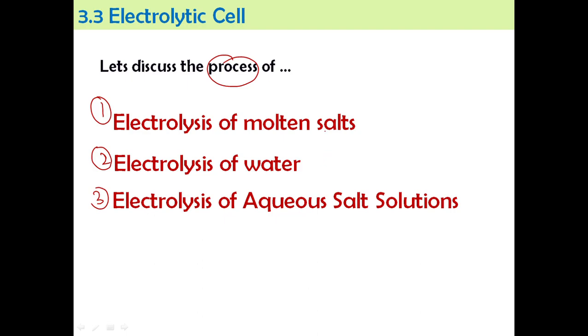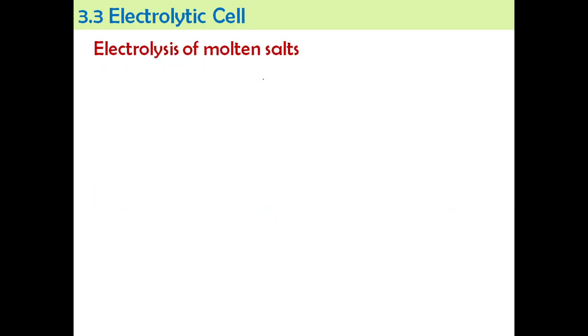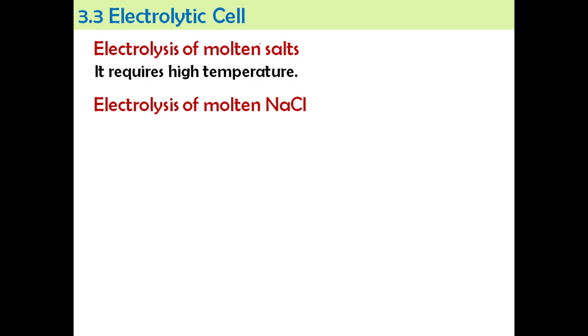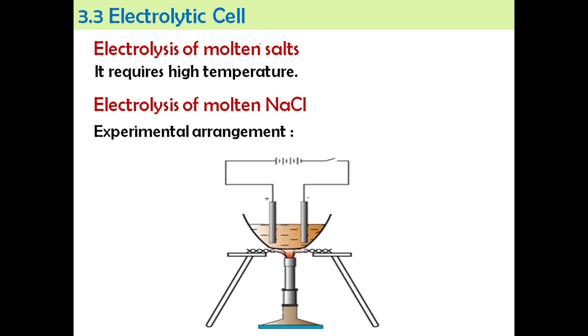Okay, so first kita pergi electrolysis of molten salts. So this process require high temperature and this is the arrangement for experiment untuk molten NaCl. Okay, take note that NaCl dekat sini, okay, our salt is in a liquid form.